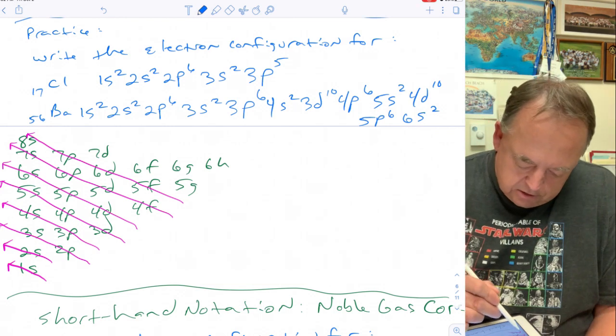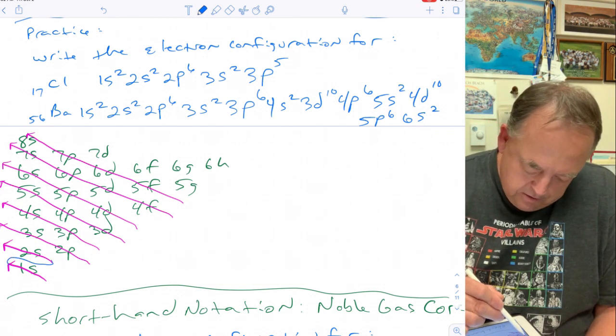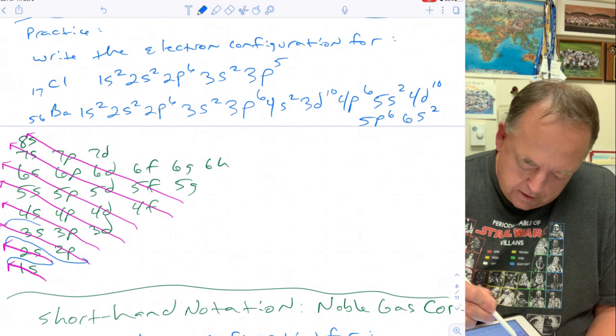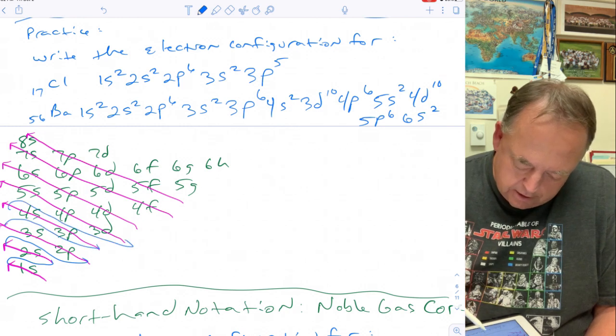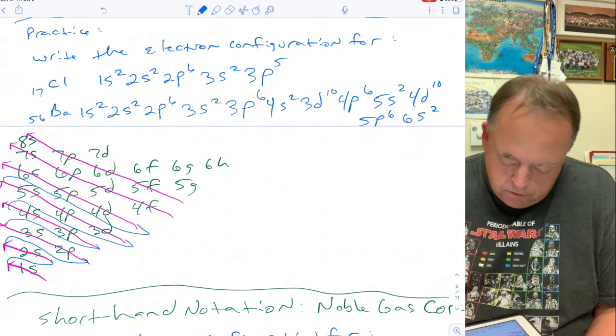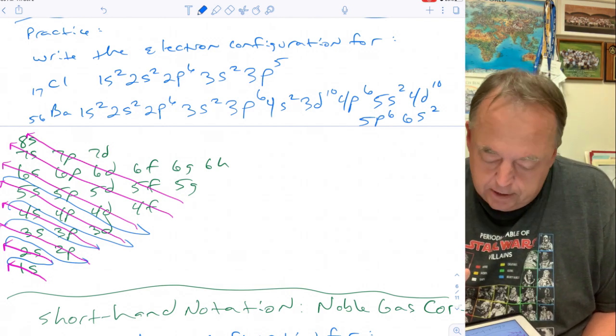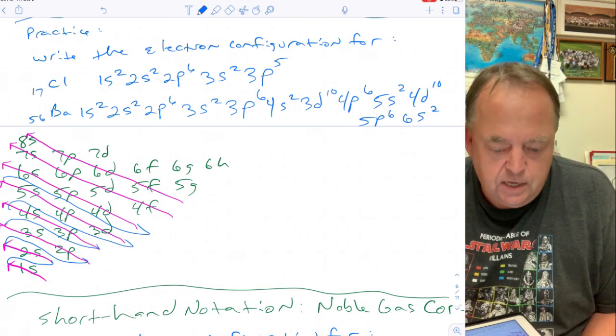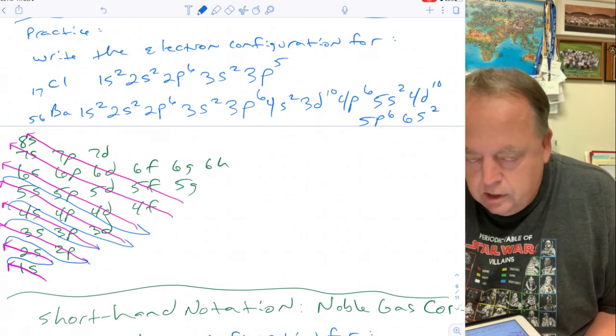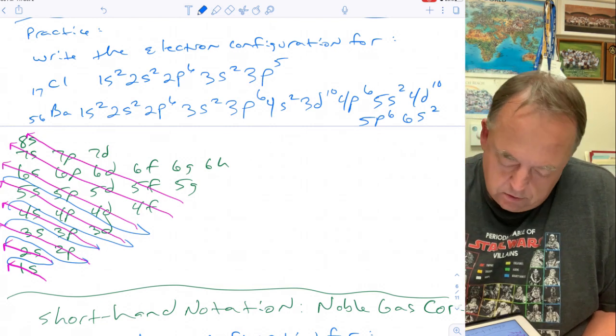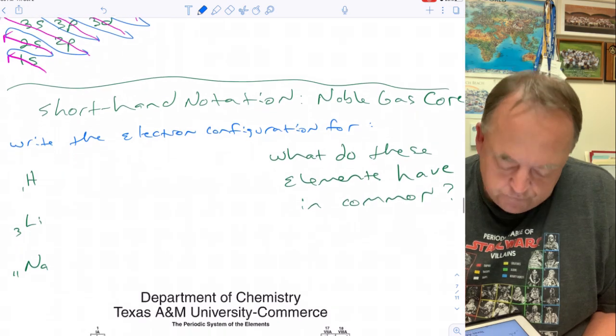So all I did is I just followed this diagram, going up and down the diagonals until I got to 56 electrons, keeping in mind S's can only have 2, P's can only have 6, D's can only have 10, and we didn't run into F orbitals. Okay, so hopefully that made sense.